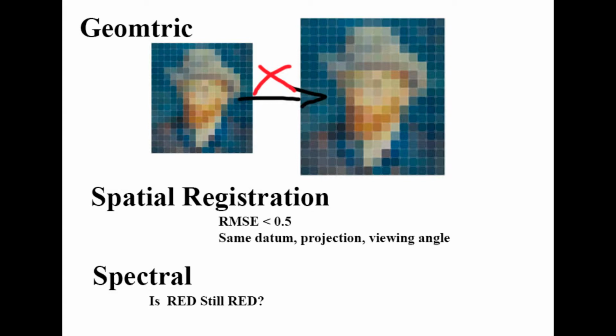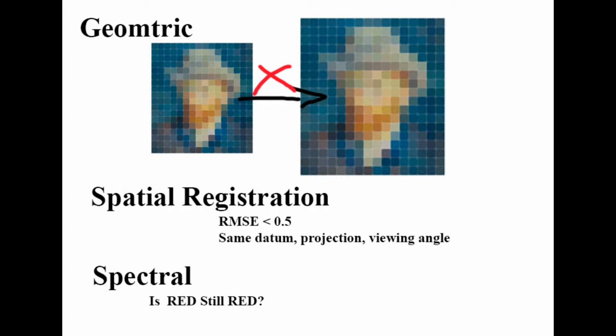I found a few sources which say it should be less than 0.5, but whichever you use should be okay. I'm just noting it here as less than half of a pixel size, so 0.5. The images must also have the same datum, projection, and coordinates, and they also have to have the same viewing angles.